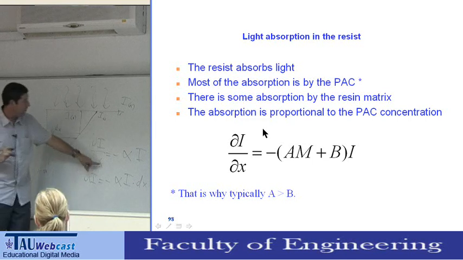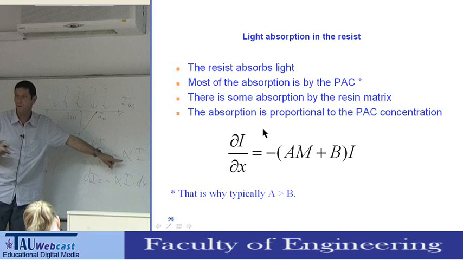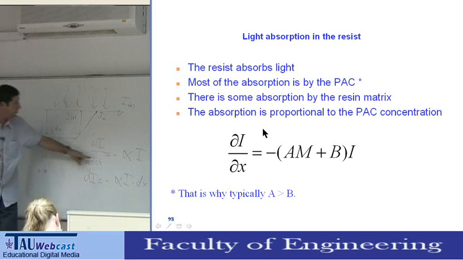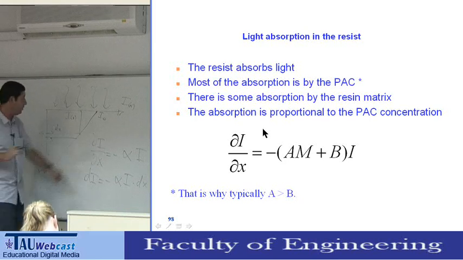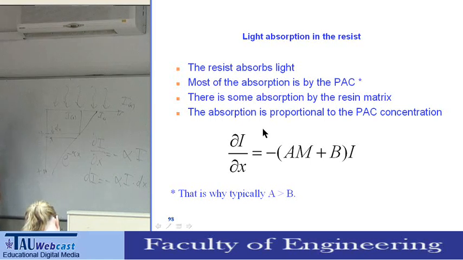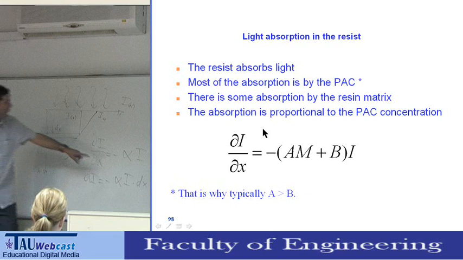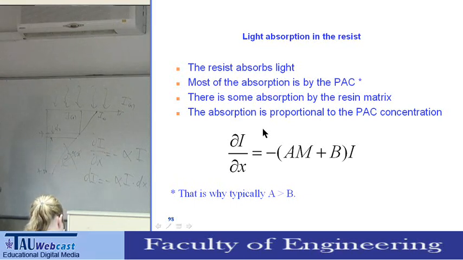If alpha is constant, what is the solution for this equation? Exponent. So if alpha is constant, the solution is e to the minus alpha x. The absorption is exponential. However, alpha is not constant, and this is not the solution.